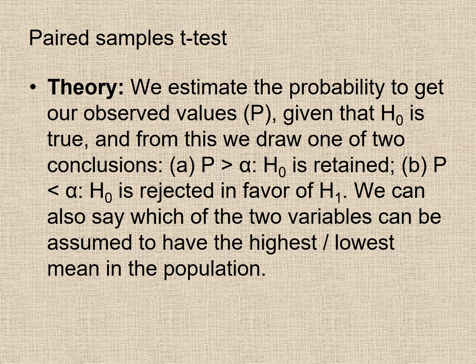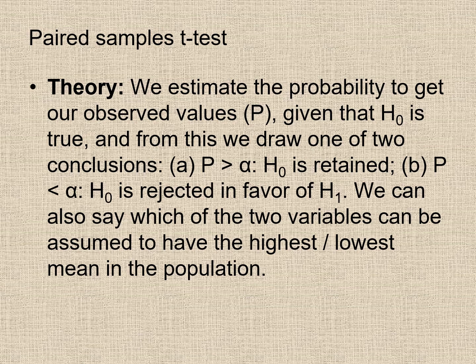As previously, we calculate the probability of getting the data we have, or more precisely, the probability of getting as large or larger a difference between the two variables as we have in our sample if the null hypothesis is correct. If this p-value is larger than our significance level, 0.05, we retain the null hypothesis and say that the mean on the two variables could be the same in the population that the sample is representing.